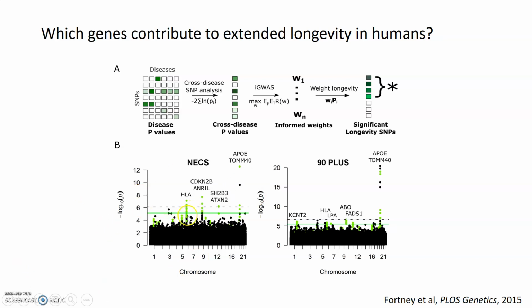And what you can see is that there are SNPs on several regions of the chromosomes that have been implicated in extended longevity and that are different between long-lived people and the general population. Some of those regions I'm going to highlight here, and the genes within those regions can be seen written. And we're going to talk about these genes in the next several slides.